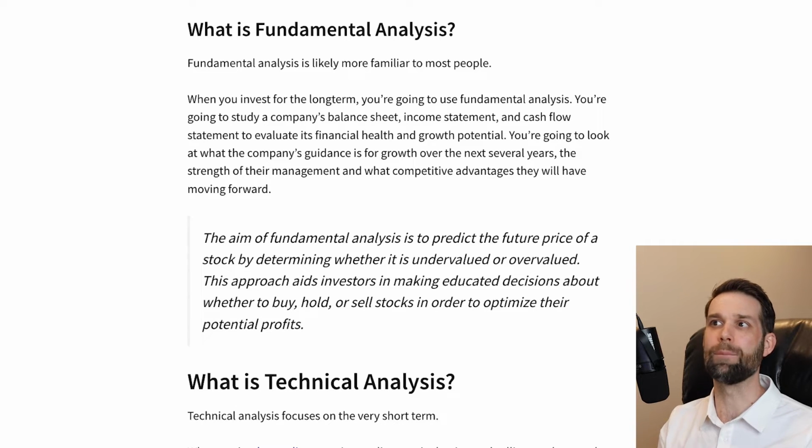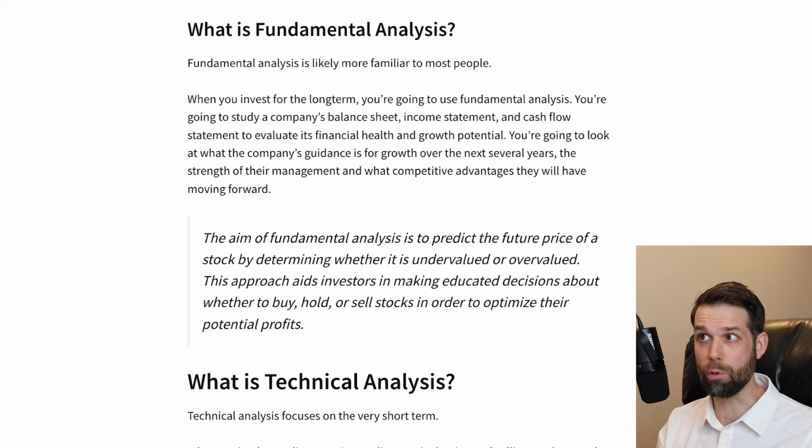You're going to study a company's balance sheet, income statement, and cash flow statement, and evaluate the health of the company before you invest. You're going to look at the company's guidance for growth over the next few years, the strength of their management, and what competitive advantages they have in their specific market moving forward. These influence whether you think the stock is overvalued or undervalued at the present moment, and whether you're going to invest.